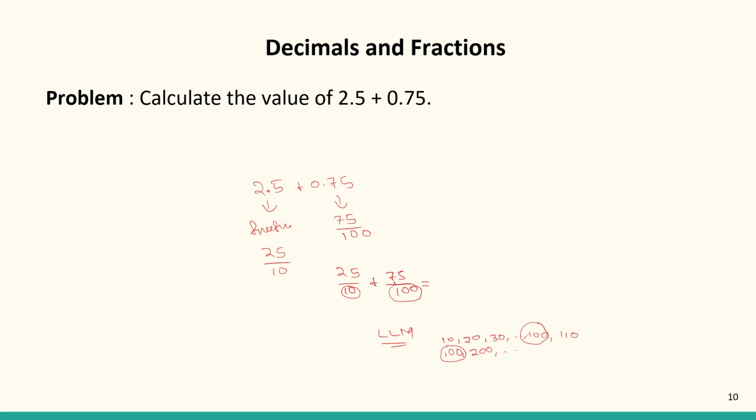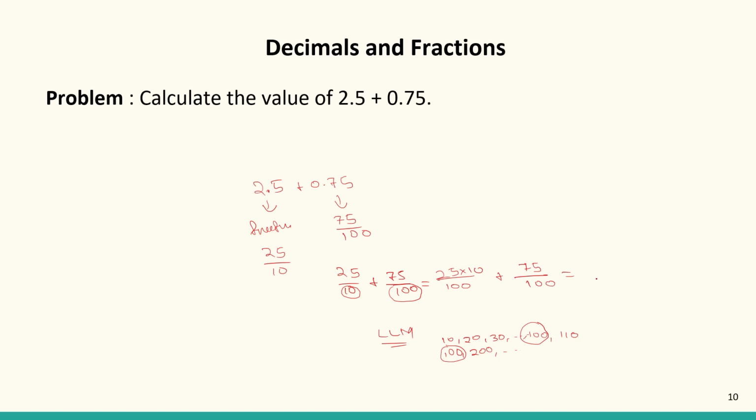So let's convert the fraction 25 by 10 into a fraction which has denominator 100. So 100 down here, that means 10 into 10. So we need to multiply the numerator by 10. So 25 into 10, plus 75 by 100.